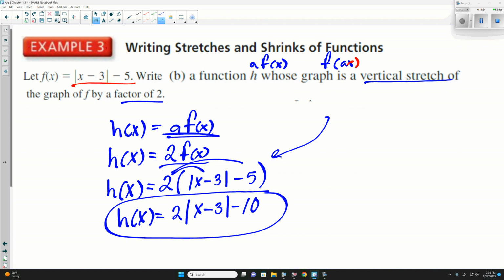So when we replace f of x, we're replacing f of x with its function. When I put it in, I put parentheses around it because this 2 is being multiplied by the function f of x, by the entire function. So I'll put the parentheses around it to remind myself the 2 is not multiplied by just the first part. It's multiplied by the entire thing. So we put the parentheses around it when we insert it in.